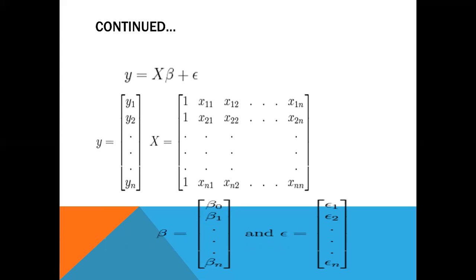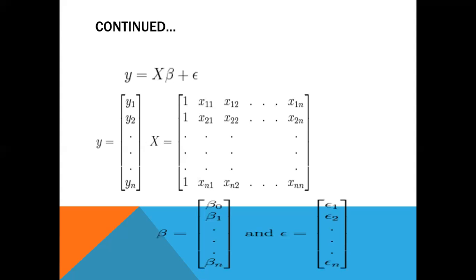So y equals xb plus epsilon. Okay, so we have to split y into y1 y2 y3 y4 and so on till yn. Similarly, x equals, the first column will be 1 for the ease of operation, then followed by x11 x12 x13 and so on till x1n, then x21 x22 x23 and so on till x2n, then xn1 xn2 xn3 and so on till xnn.